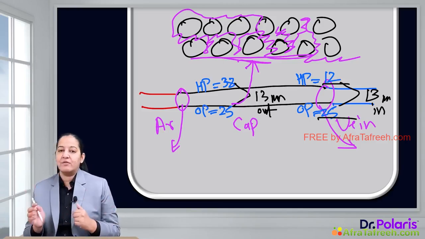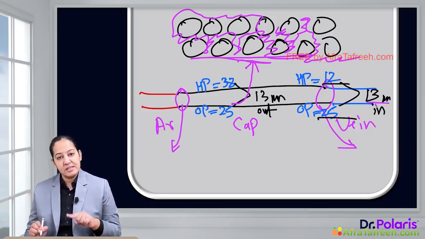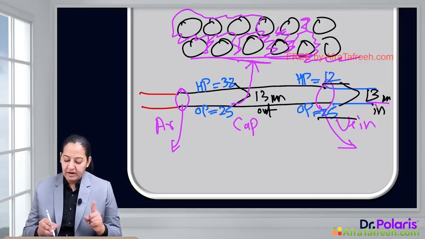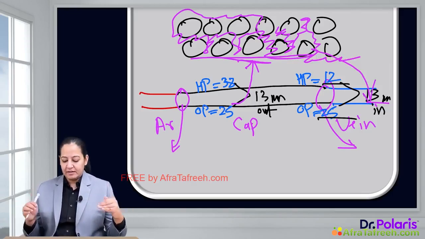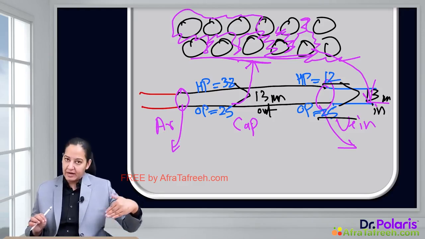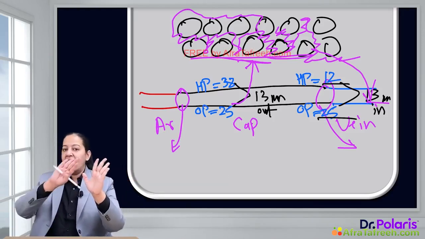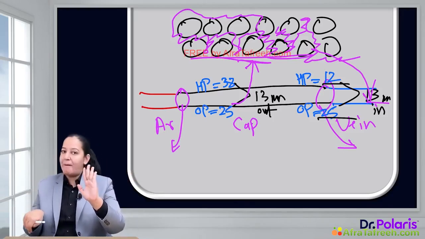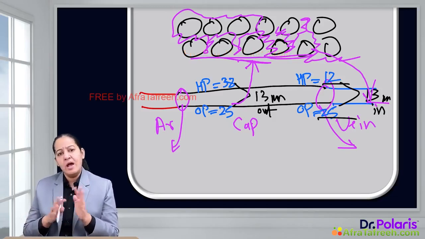Now at the venous end of the capillary, again we have a net 13 mm of pressure, but this 13 mm is inward. So whatever the fluid after exchange, it will go again inside the capillary at the venous end. So basically, whenever blood passes through a capillary, at the arterial end the fluid comes out by 13 mm and does the necessary exchange. At the venous end, the same fluid goes back into the capillary with the same pressure, 13 mm inward pressure, after exchange.